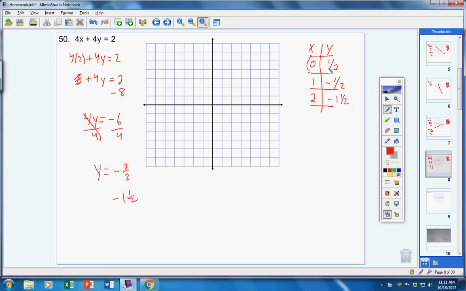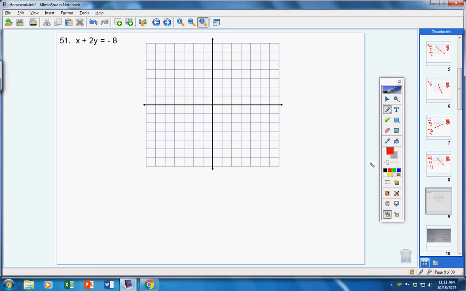So, first ordered pair, 0, 0.5. Next ordered pair, 1, down 1/2. Next ordered pair, 2, down 1.5. And there we go. Okay? Again, not the straightest line, but you understand. Okay, moving on.